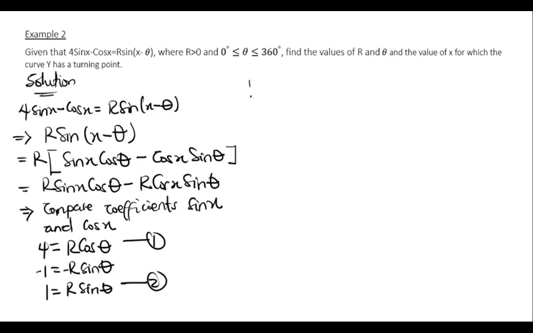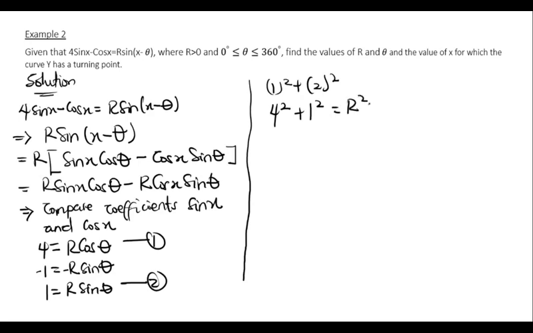All right, so for us to find r, we need to square both equations and add them. So we square equation 1, we square equation 2 like we did in the first example. So we have 4 squared plus 1 squared is equal to r squared cos squared theta plus r squared sine squared theta.